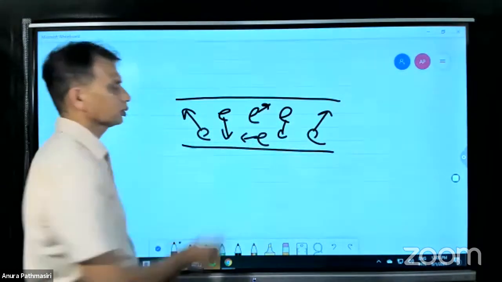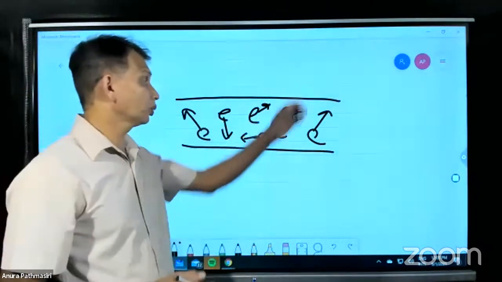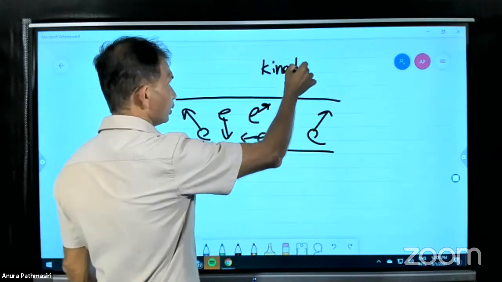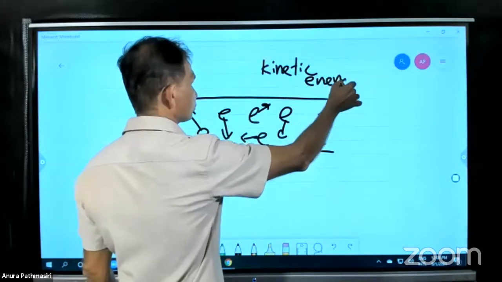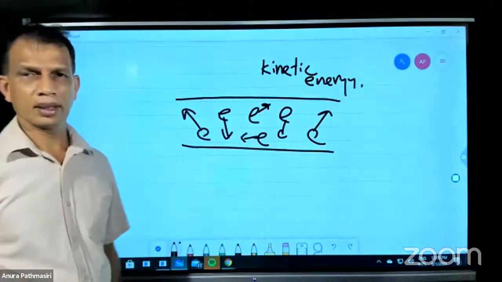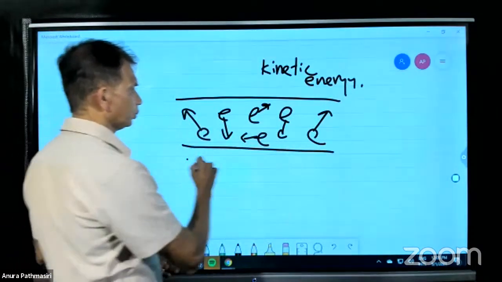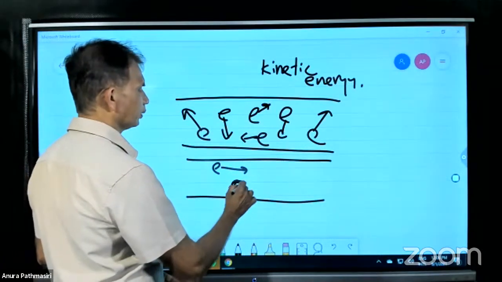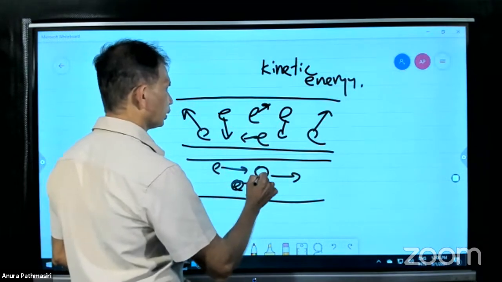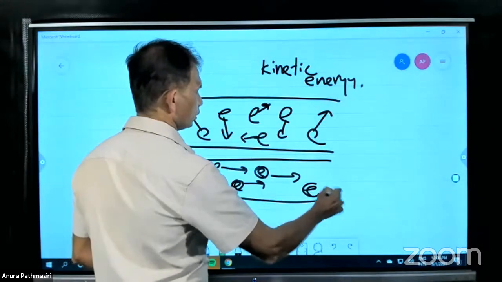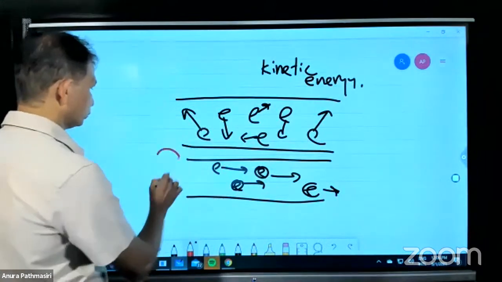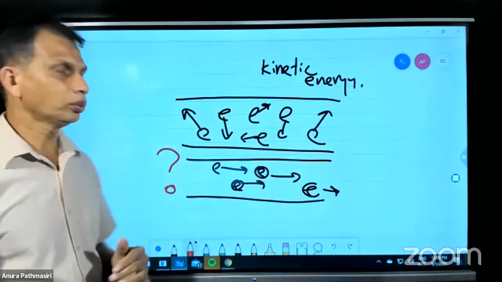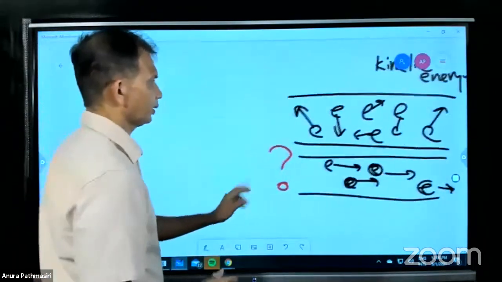These negative charges have kinetic energy, that's why they are moving here and there. We are trying to give them a force so that they move in an exact direction. So the scientists thought of providing that force. How can we do this? They found out 3 methods.